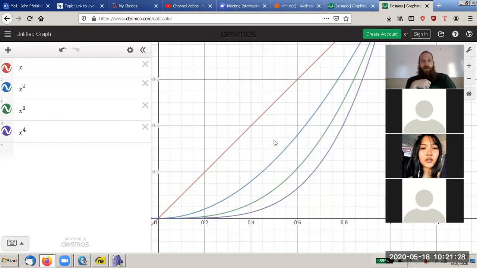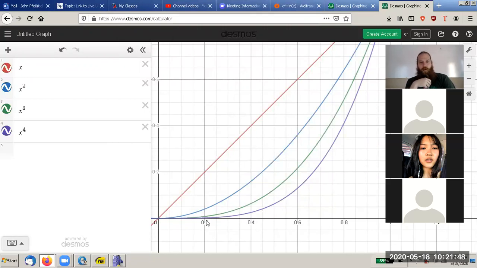So x, x squared, x cubed, x to the 4, right? Notice how, as your x values get closer and closer to 0, x to the 4 is the flattest on the bottom. Those outputs get closer and closer to 0 faster than the outputs for this red guy, right?